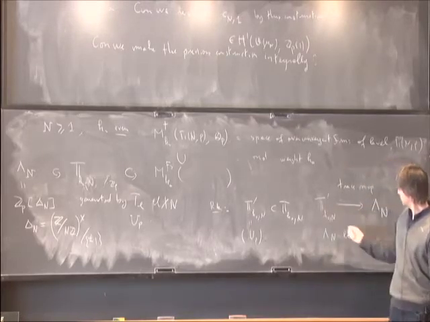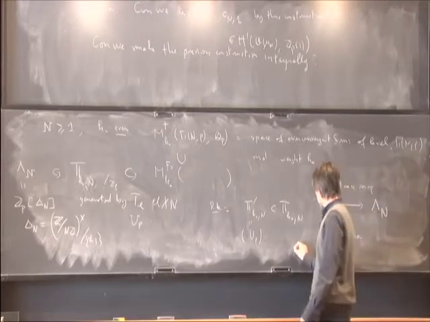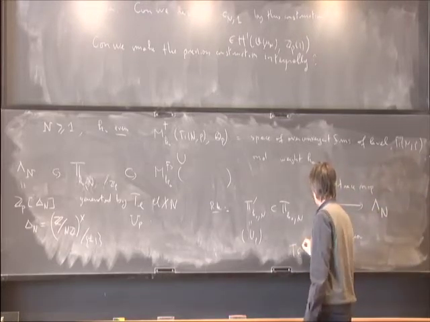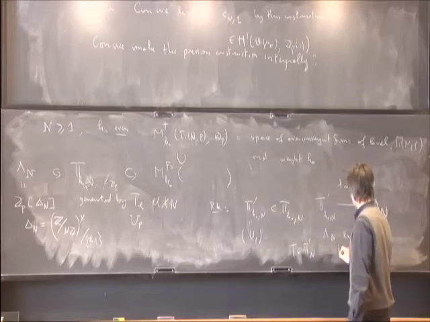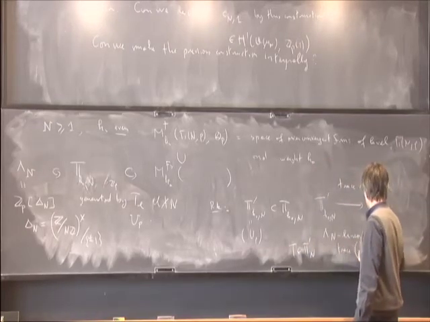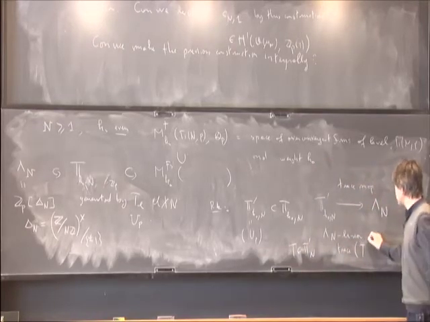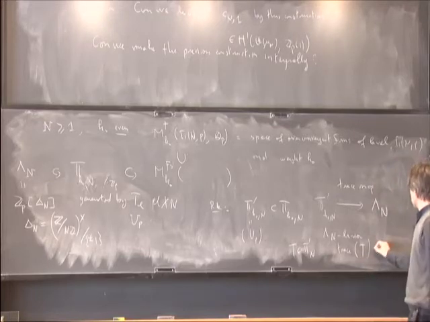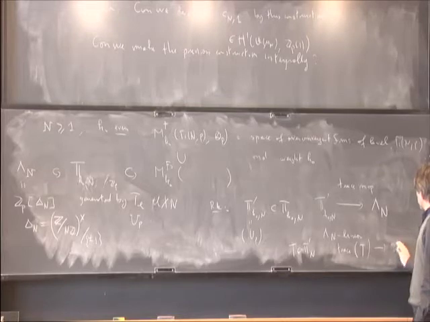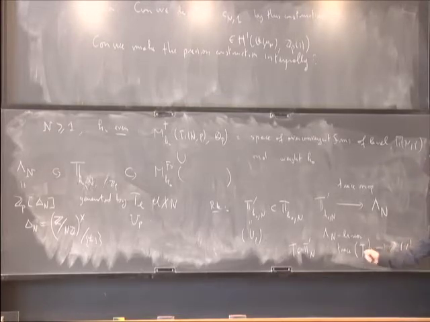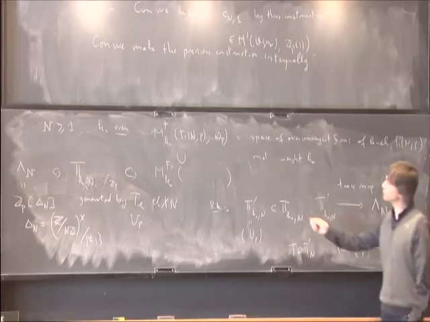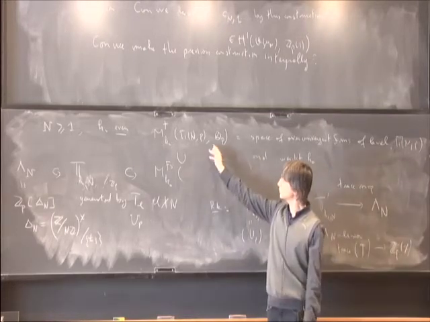When you take an element T in T'_n, apply this trace map to T, and then project on the χ component, it is the trace of T acting on the forms of weight k_0 and character χ.